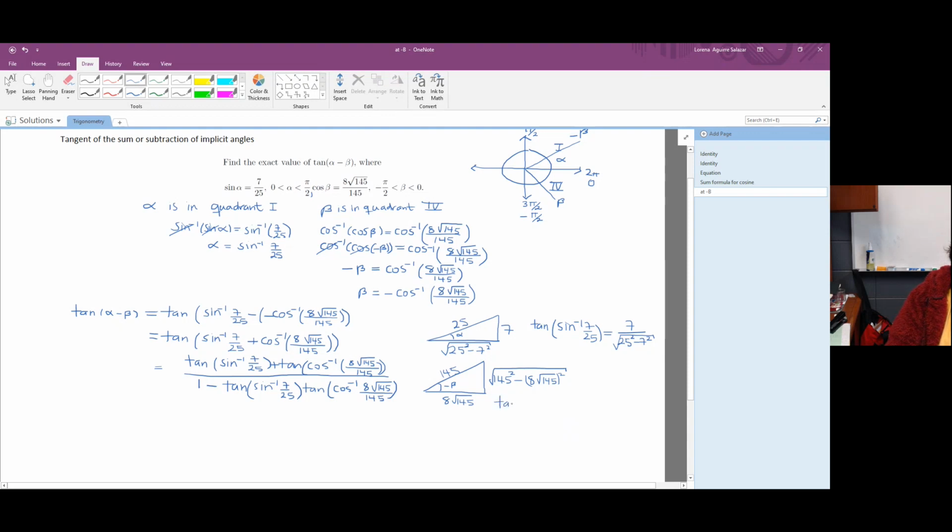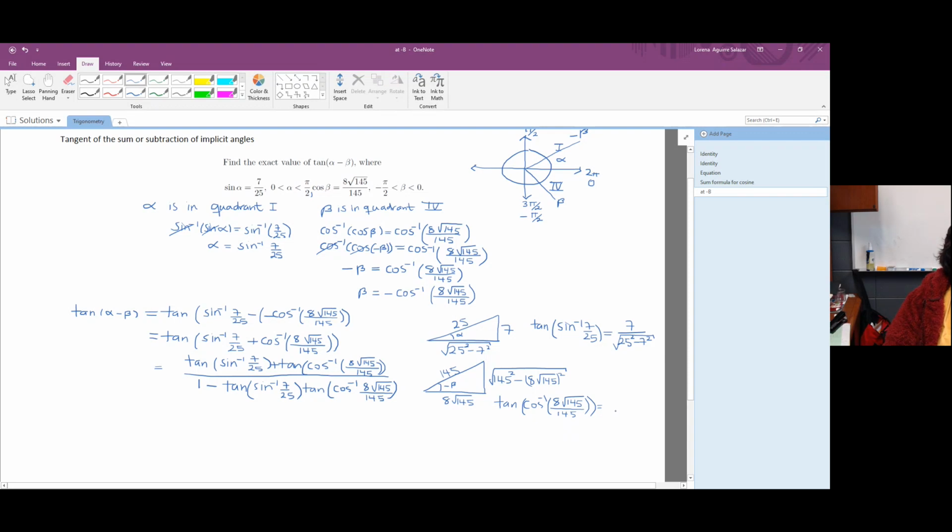Then the tangent of the inverse cosine of 8 root of 145 divided by 145 corresponds to y over x in this triangle. But remember that this tangent is positive, so I don't need to write a negative sign at this point.